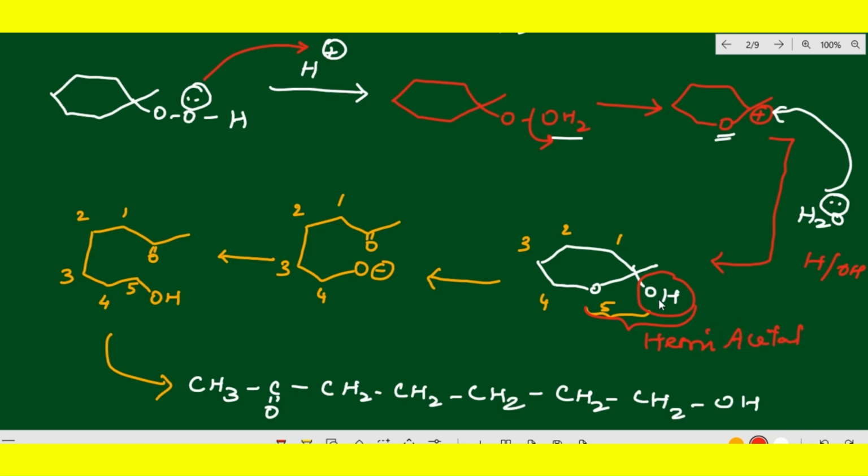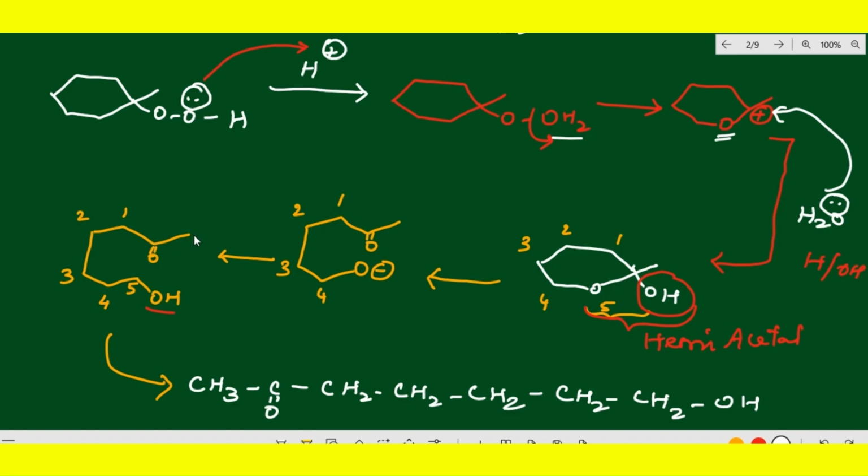So hemiacetal OH. Right now here again, what happened? It releases that H+ ion, the protonated point. So the hydrogen which is released over here, you will get O- anion formation. Again the hydrogen is attached, so you will get an OH compound. The hydroxyl group is attached while reacting with the water molecule.